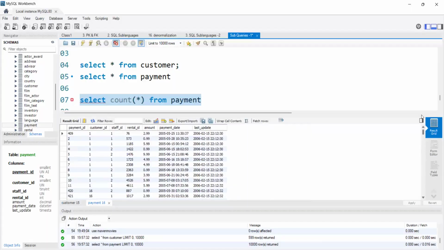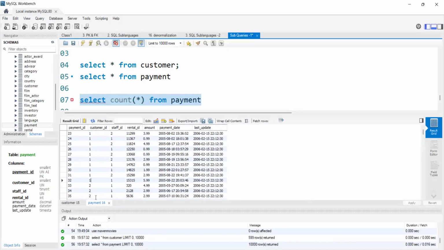Now in customer id, if you observe, up to here, up to 32 rows, I have customer id 1 only. That means customer id 1 made the transaction 32 times, correct? Am I right?